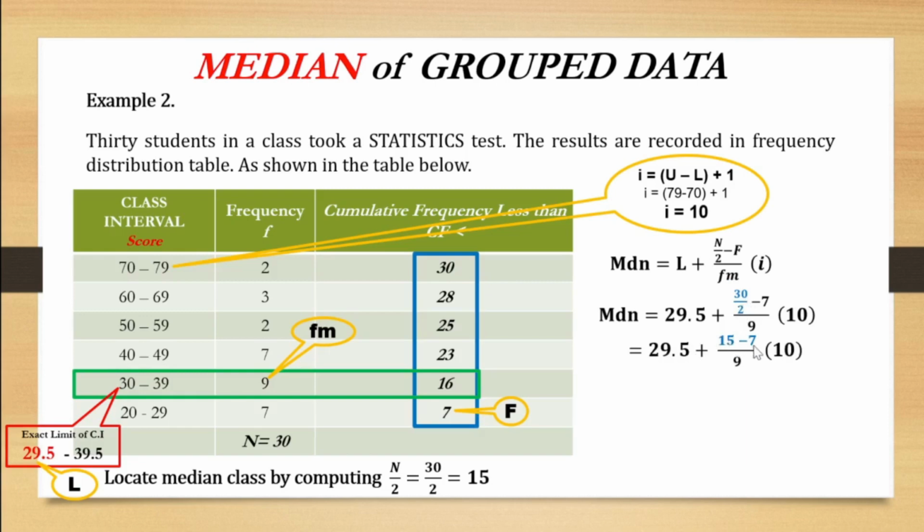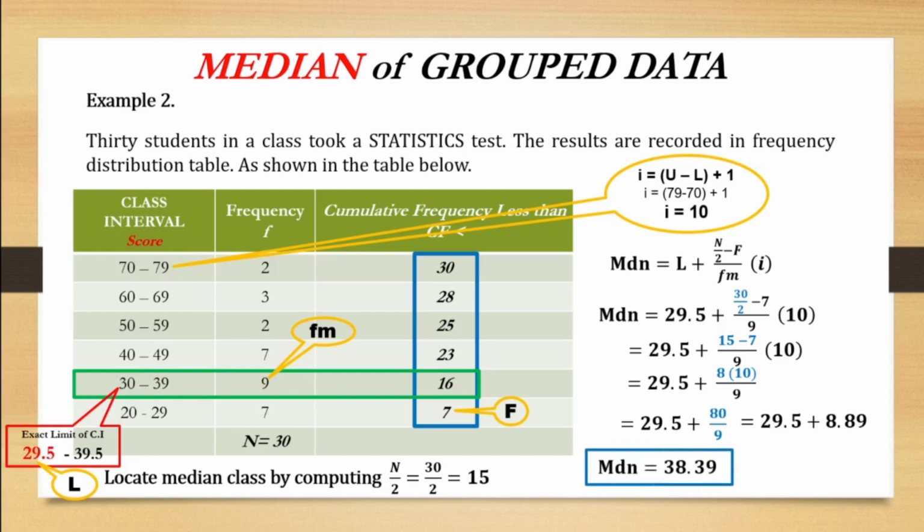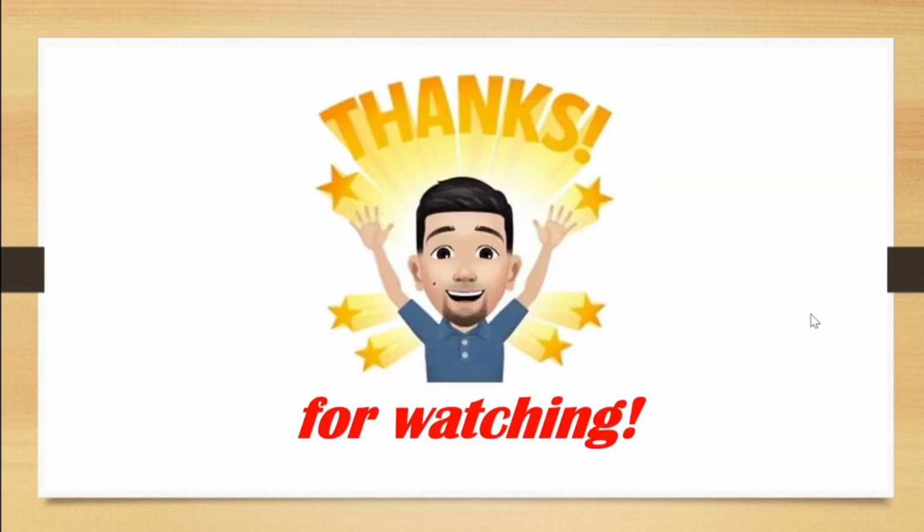Then 15 minus 7 is equal to 8. Then the result will be multiplied by 10, that is 8 times 10, equal to 80 over 9. Dividing 80 by 9 is approximately 8.89. Adding 8.89 to 29.5, the median is 38.39.